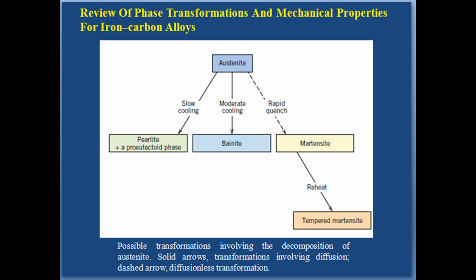Now we are going to discuss the spheroidite. Other elements of the microstructure relate to the shape and distribution of the phases. In this respect, the cementite phase has distinctly different shapes and arrangements in the pearlite and spheroidite microstructures.